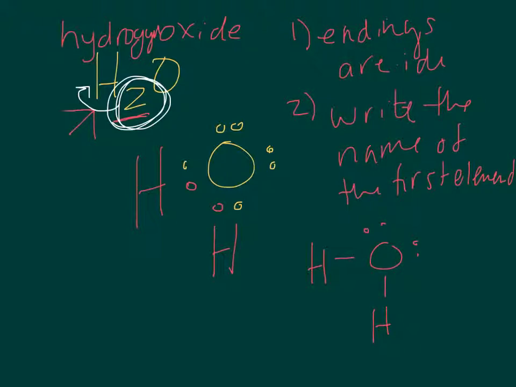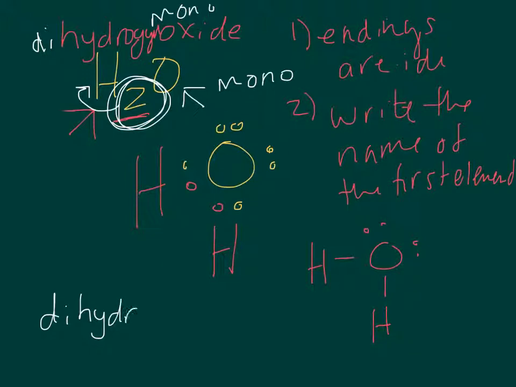So we're going to call this dihydrogen because there's 2 of those. How many oxygens are there? There's 1, so 1 is mono, and so this is going to be dihydrogen monoxide. So let me write it again here. Dihydrogen monoxide.